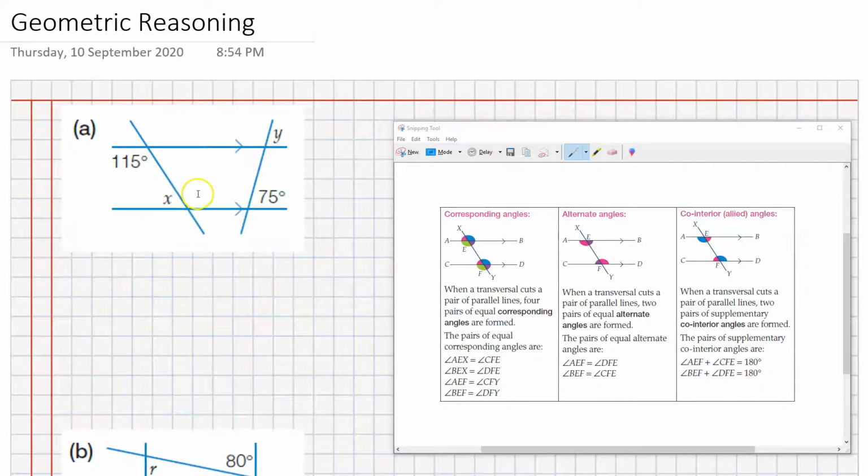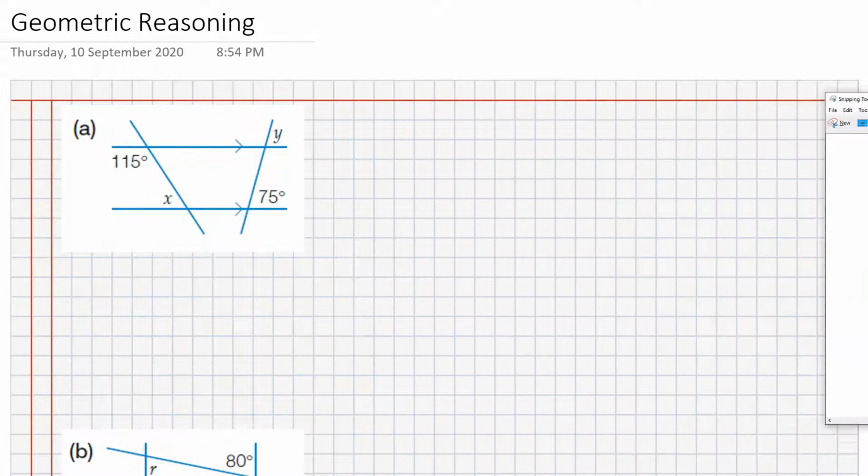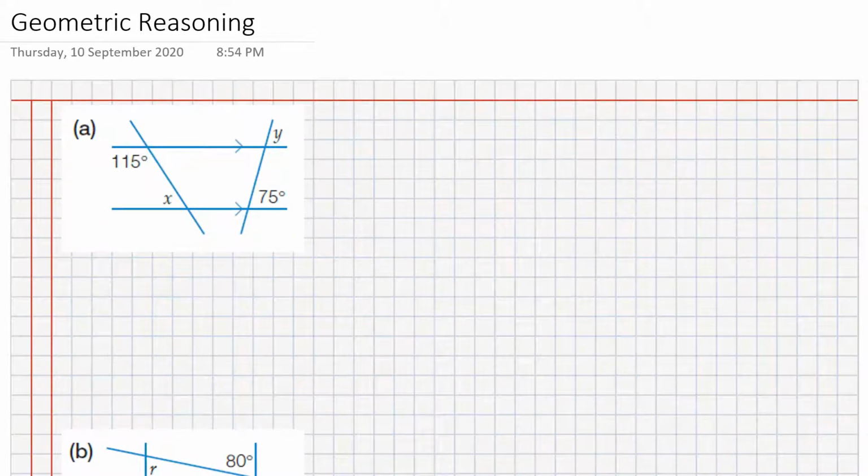So we can build an equation that describes the value of x. We can write x plus 115 degrees is equal to 180 degrees, and we know that by cointerior angles.